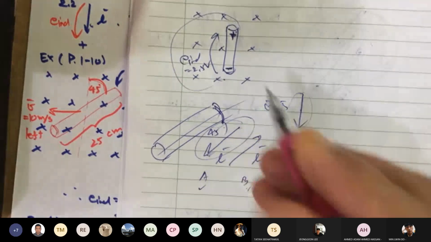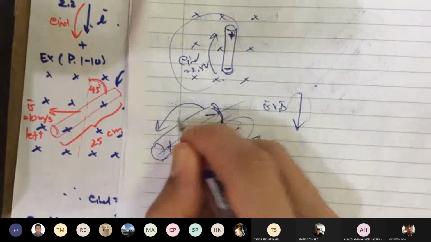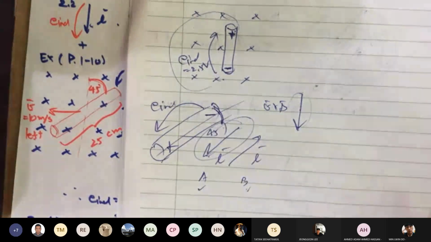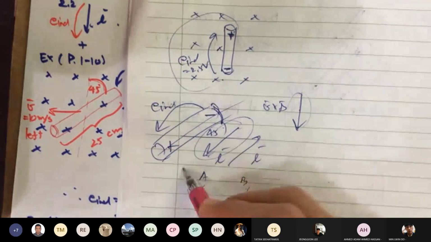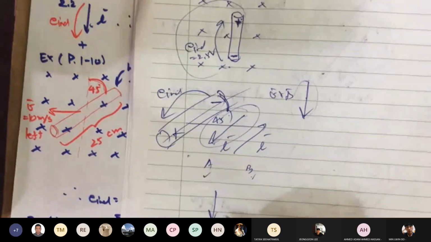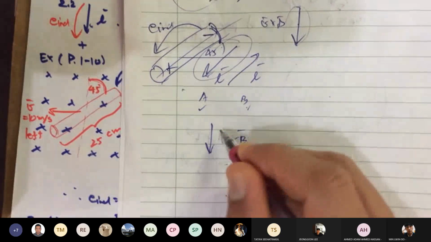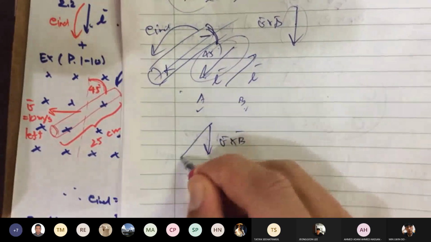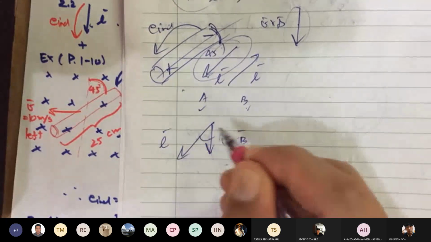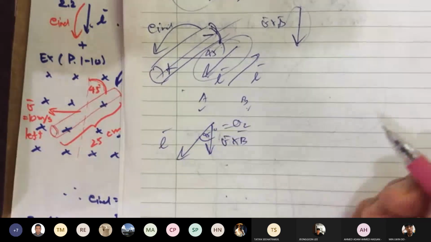If we do it like that, this is negative, this is positive. This is your induced voltage. You see how that works? From the assumption, V cross B is going down, L also downward. The angle between the two is 45. This is theta 2.